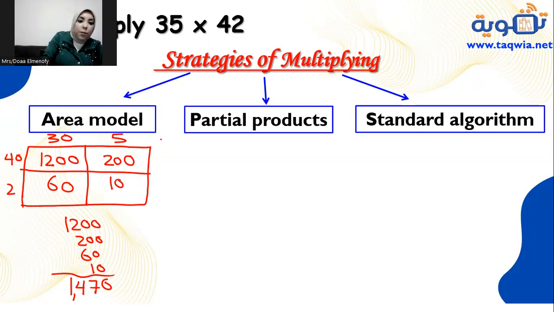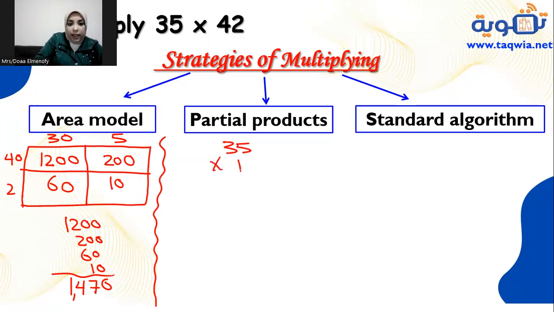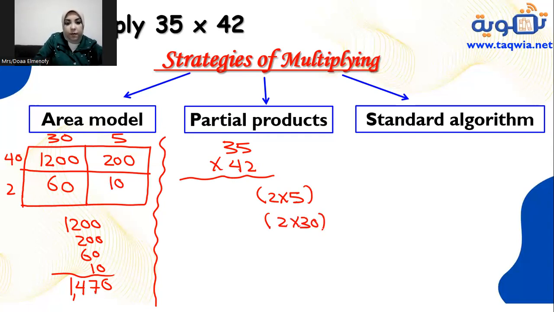Okay, what about the partial product? So here we're going to write these two numbers in vertical way like this. And then we're gonna multiply 2 by 5 and 2 by 30, 40 by 5 and 40 by 30.